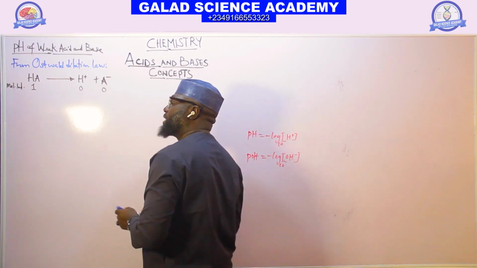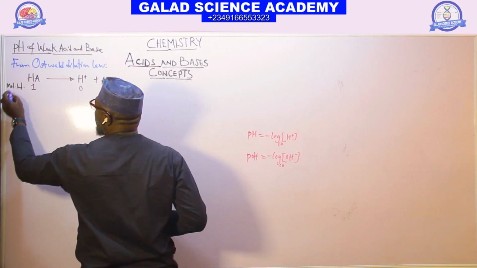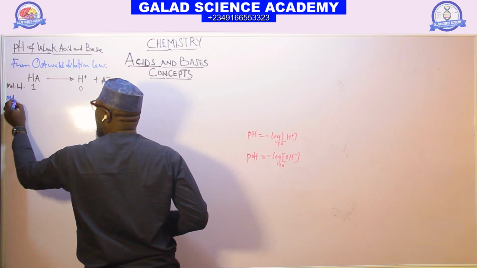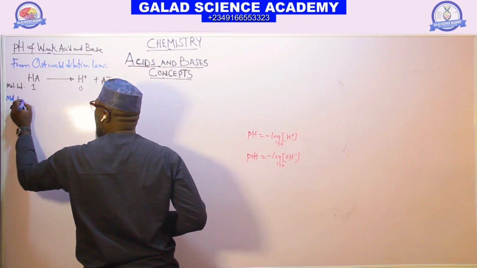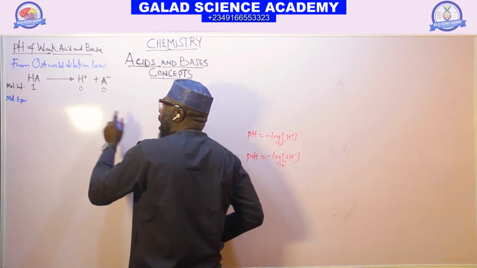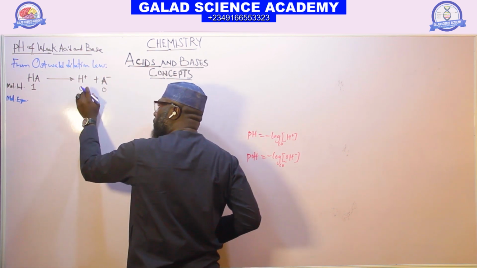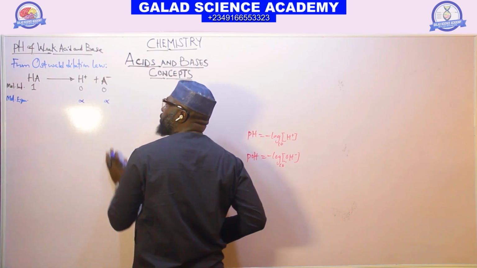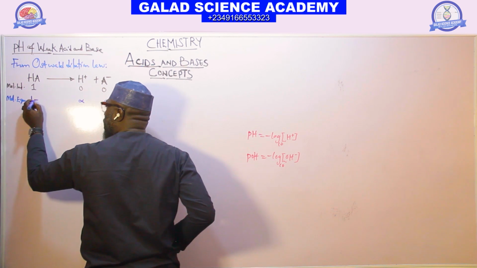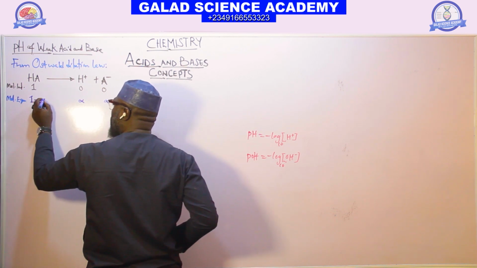But I now said, remember, at equilibrium, if alpha of this form and alpha of this form, here we have 1 minus alpha left.